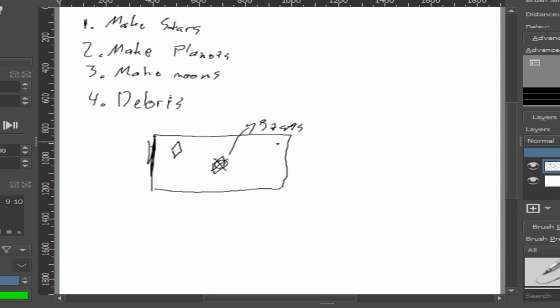But what's more is I didn't want this to be like a Mass Effect, where you can go to the star system. You can see the universe, or the galaxy rather.